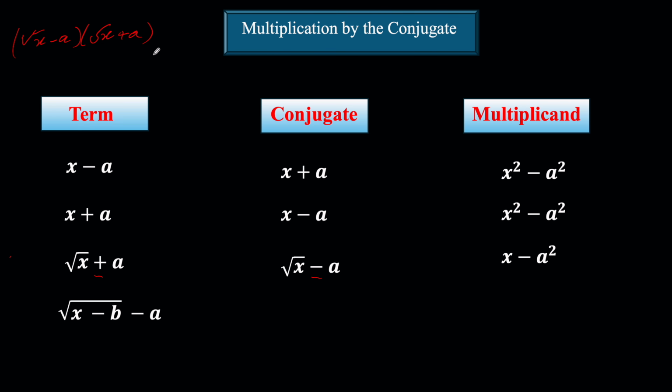So this is equal to the square of the square root of x, minus a squared. And we know that the square of a square root disappears, they cancel, and we have only x minus a squared. That's why you get x minus a squared.